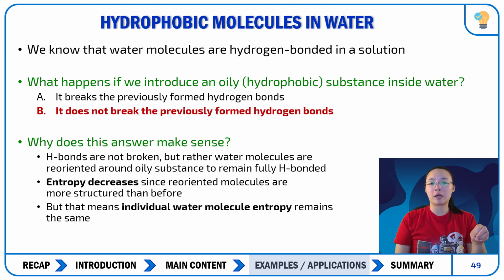It won't have any interactions. So in this case, the entropy of each individual molecule is going to decrease if the hydrophobic substance actually broke the hydrogen bonds. And that is way more unpreferable than having the collective entropy of all the water molecules decrease slightly.